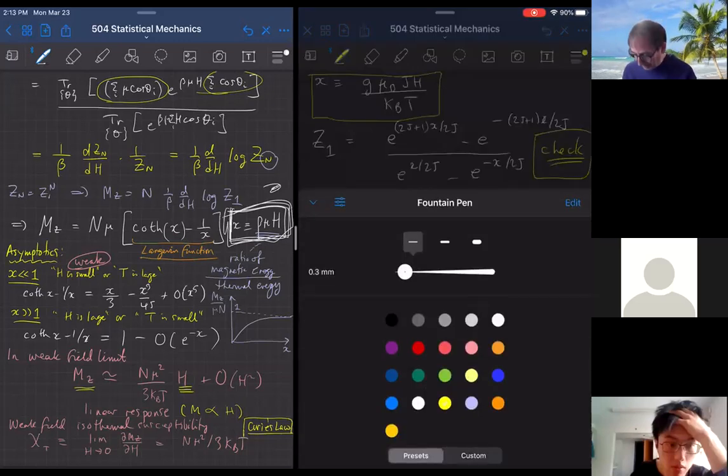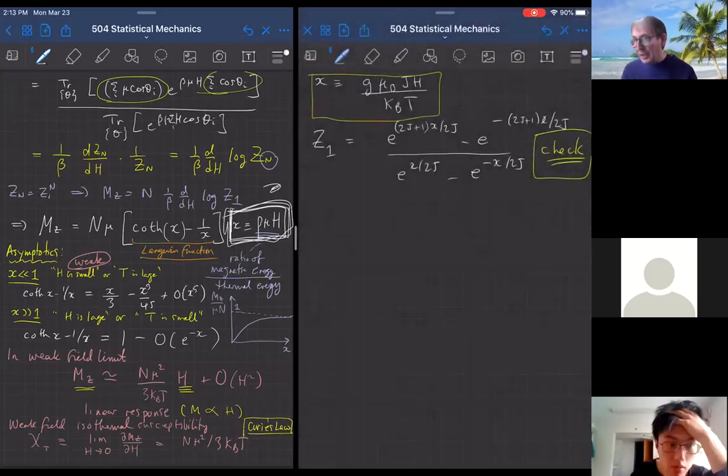Okay, so if I work out this series, what I get is that Z1 is equal to the hyperbolic sine of (1 plus 1 over 2j) times this dimensionless field strength x, over the hyperbolic sine of x over 2j.